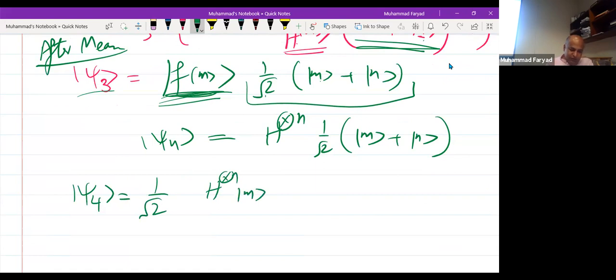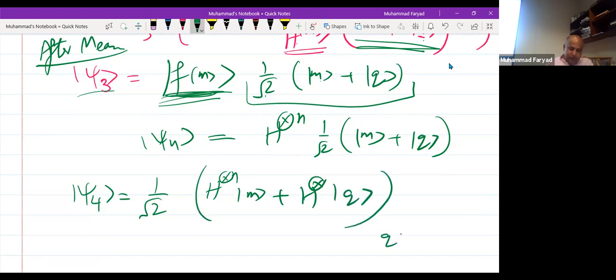This is a bad name actually for the n state, because I'm using this n symbol here. So let me use some q instead. So Hadamard on m and Hadamard on the q state, where q is m plus p.